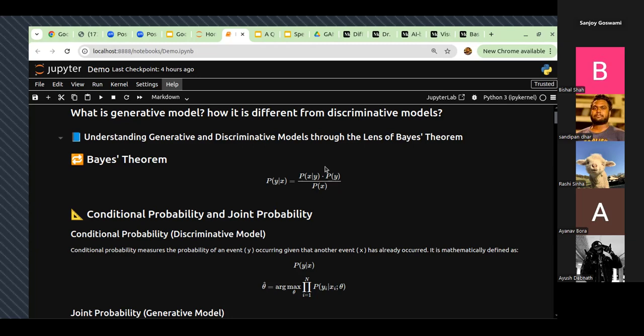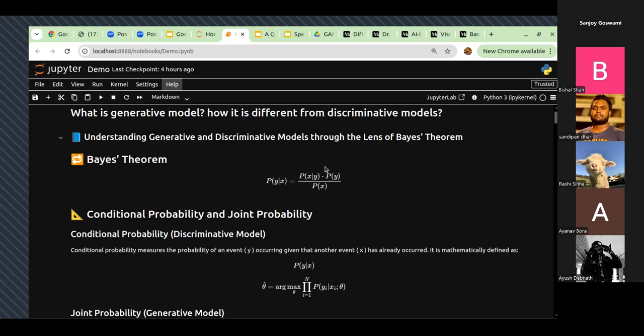So what is the probability of Y? If you have a lot of images of male and female gender, and you have the corresponding label, you can simply find, for a particular Y equal to 0, the probability. That means the total number of samples and the number of occurrences of Y equal to 0, say for example 0 belongs to male gender. So how many times has it appeared among all the samples? Say the number of times male gender has appeared is K, and the total sample is capital N. So K by N, the simple probability.